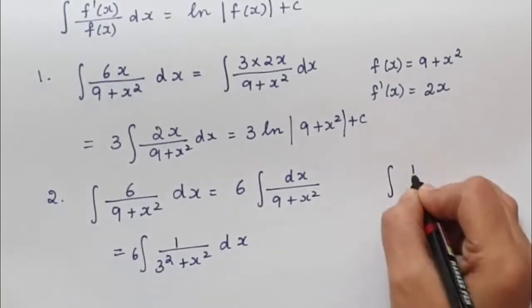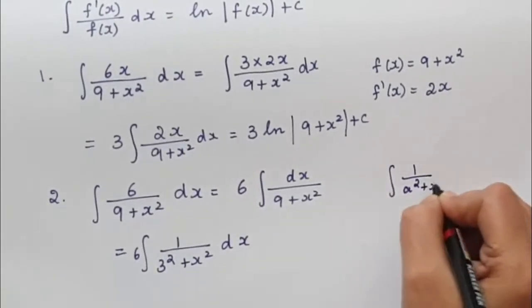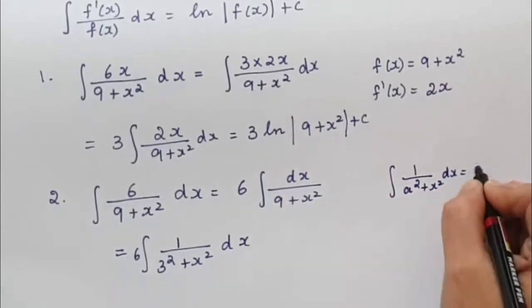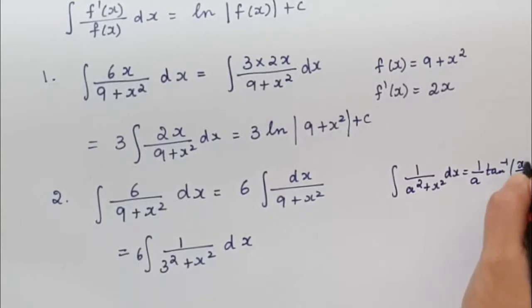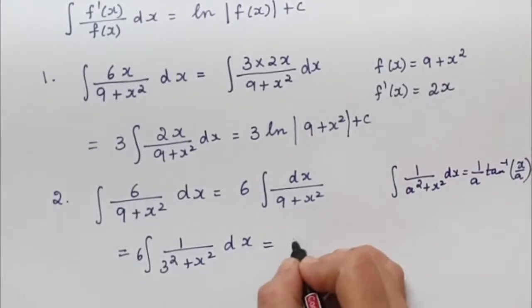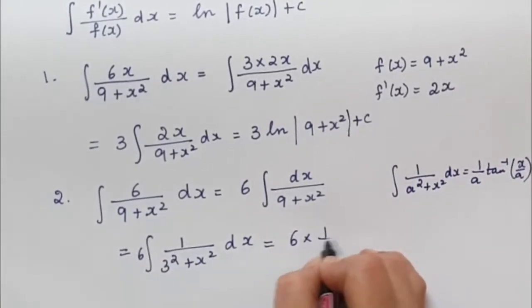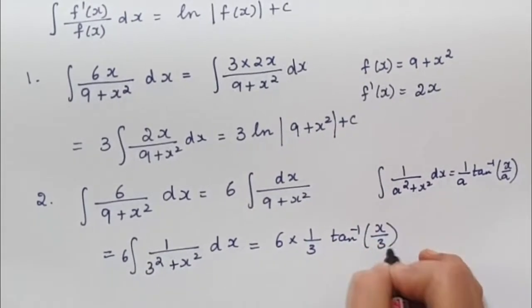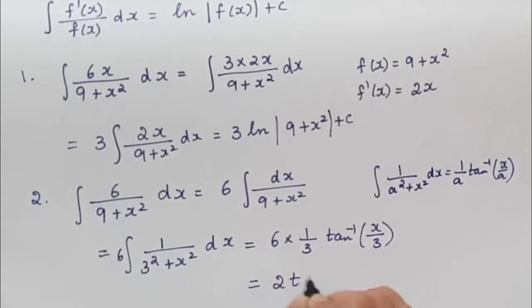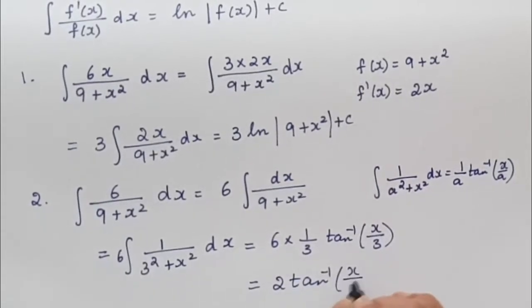We have the formula that the integral of 1 over a squared plus x squared dx is equal to 1 over a tan inverse of x over a. So this will be equal to 6 into 1 over 3 into tan inverse of x over 3. So this will be equal to 2 into tan inverse of x over 3.